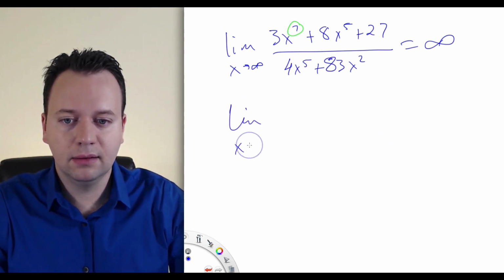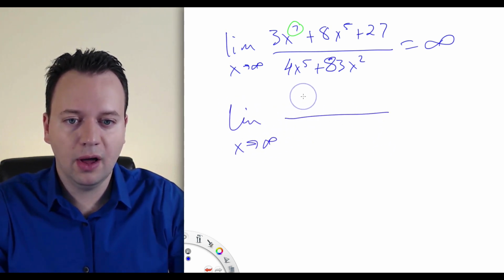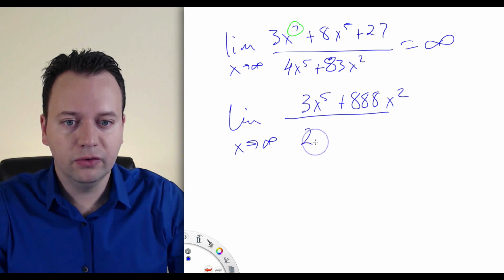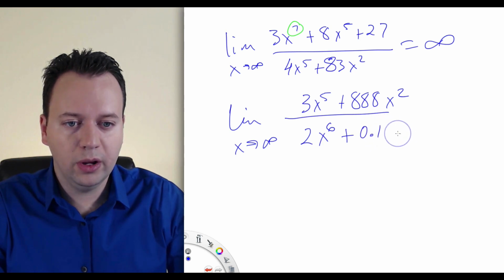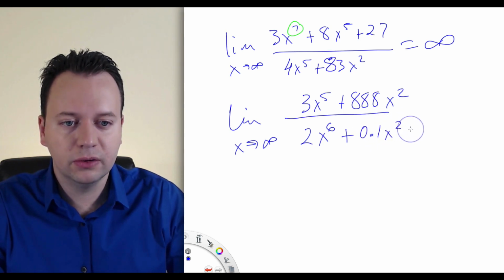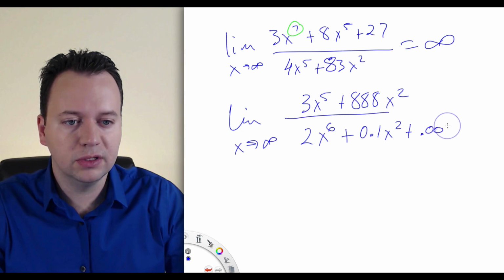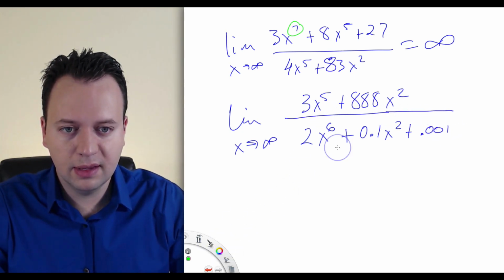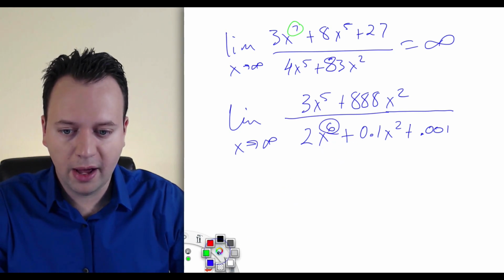And then if you do the opposite, (3x^5 + 88x^2) over (2x^6 + 0.1x^2 + 0.001), the highest power in this case is in the bottom.